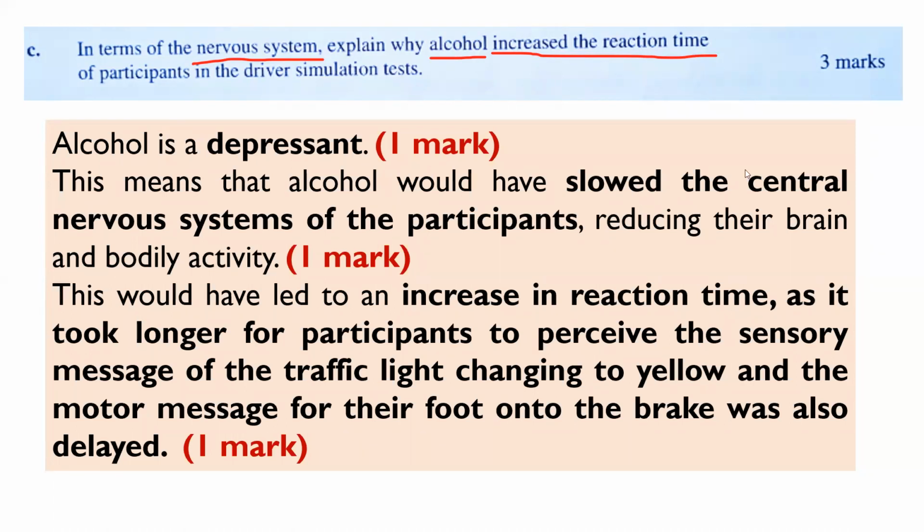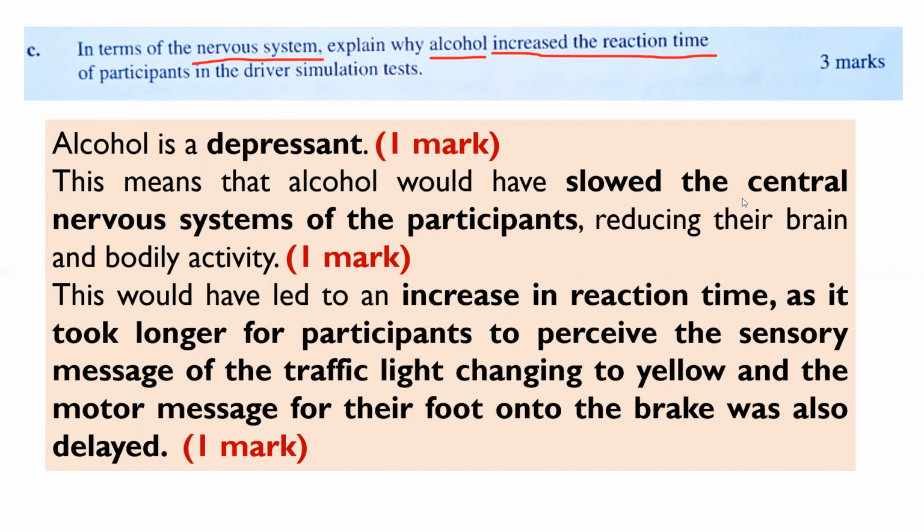Okay, the main thing in this answer, guys, is to notice that you need to make some reference to how the participants show reaction time, mentioning that it takes them longer to press on the brake or longer to see that the traffic light has changed to yellow. That would make your answer all the more specific and better. So just make sure you're linking to the scenario as much as possible. But that's the basic idea.